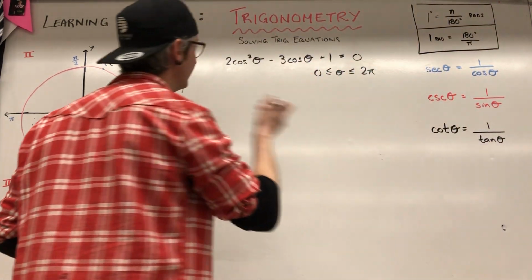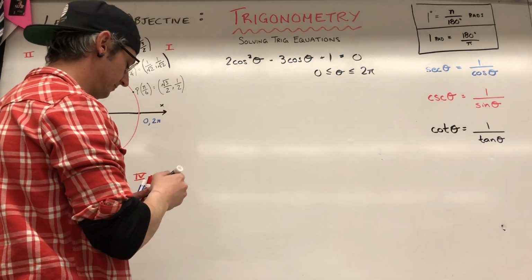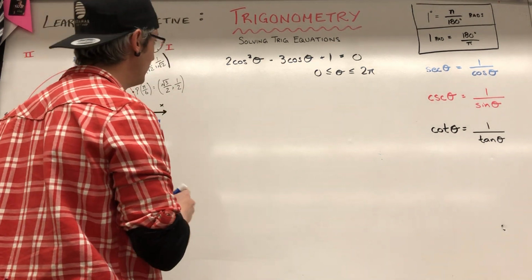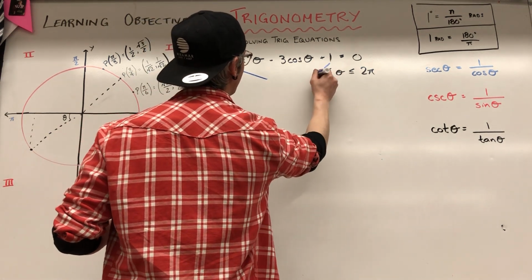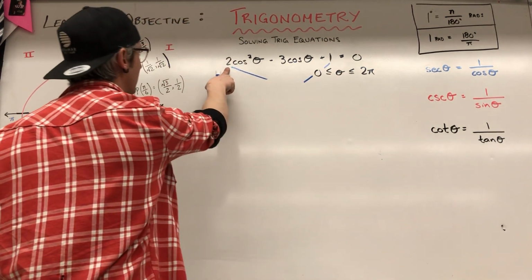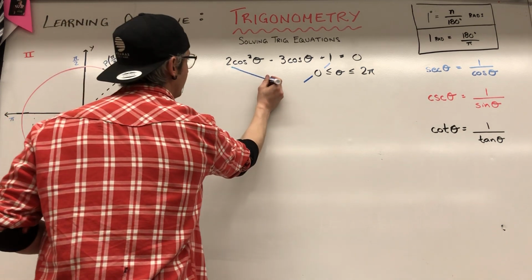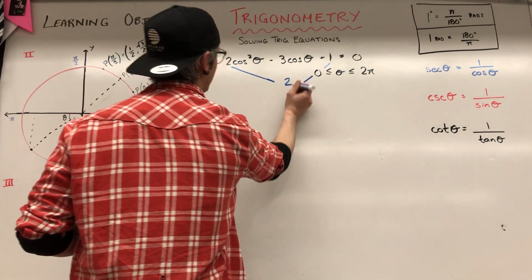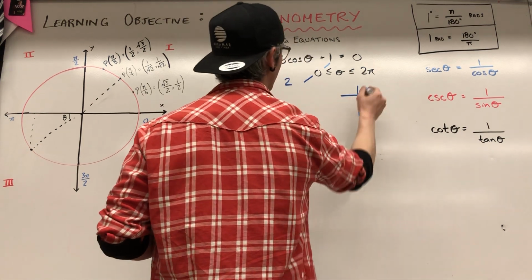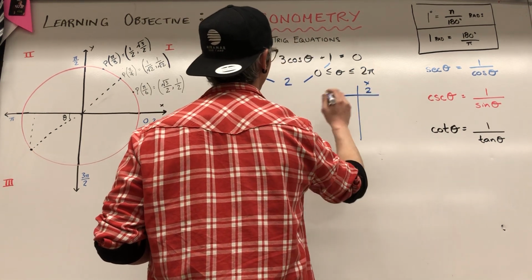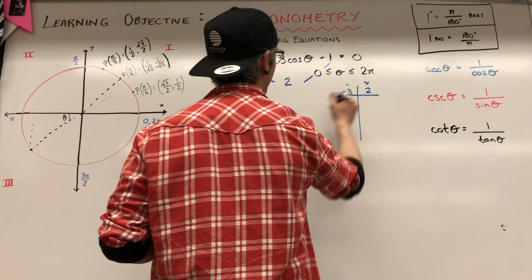So let's use decomposition. If we recall, in decomposition we multiply the first coefficient with the last one. So we get 2. 2 times 1 is 2. So now I'm looking for two numbers that multiply to a positive 2 and add to a minus 3.